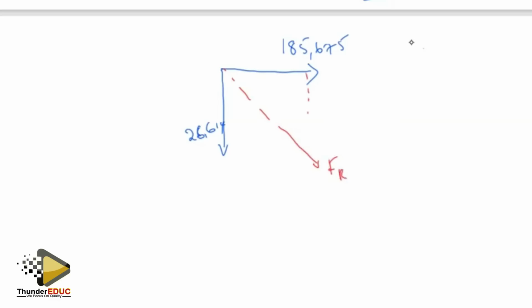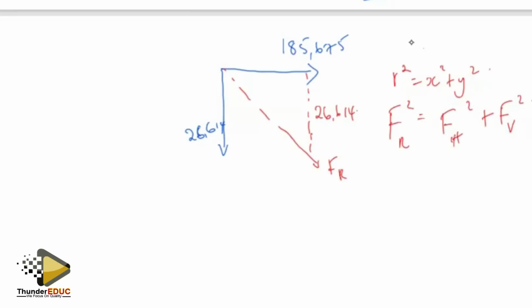So if I bring this here, I'll have to use my theorem of Pythagoras. R squared is equal to x squared plus y squared. Or you can say that our FR squared should be the F horizontal squared plus the F vertical squared. So which means our resultant will be the square root of 26.614 squared plus the 185.675 squared.